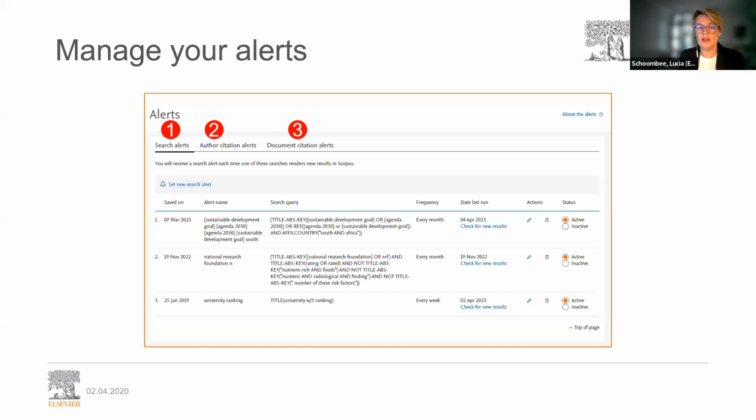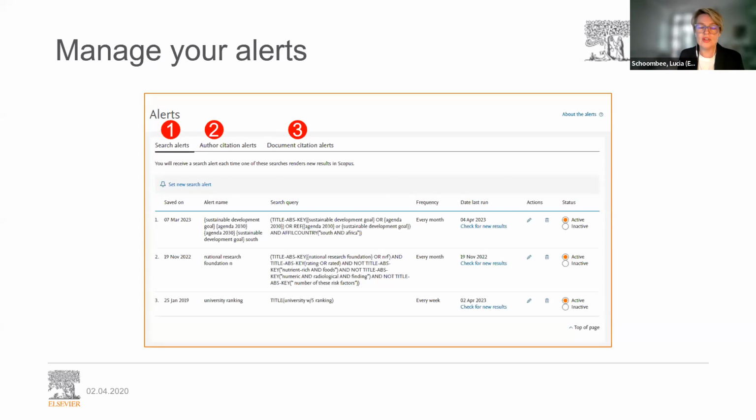The alerts are available under your account. If you click on the little round icon with your account information, there's an option for alerts, and that is where you can manage all your alerts. So you don't actually have to go one by one, set up these alerts, do a search, go to the author profile.